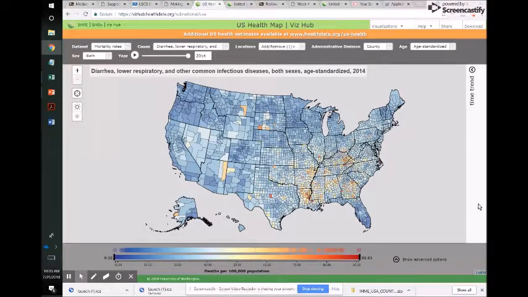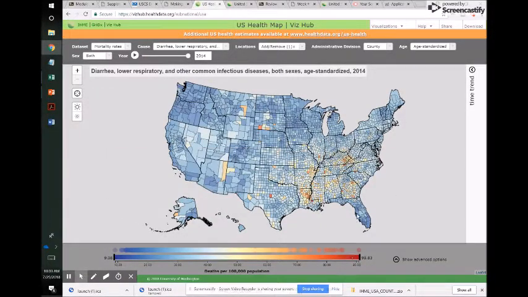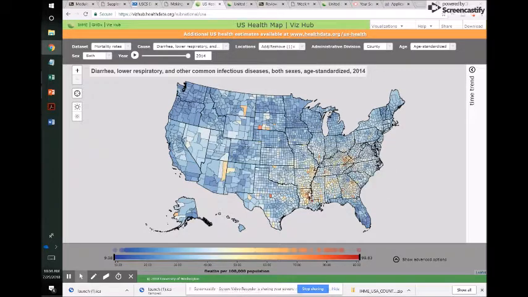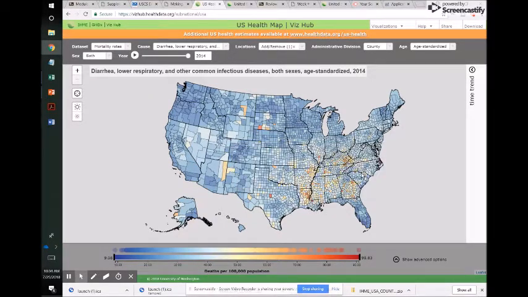So if you expect that there's no other factors, you would see that these more dense areas with higher mortality rates would be spread across the nation. But you could see here there's some counties with really high mortality rates clustered around other counties that also have high mortality rates, not as high.